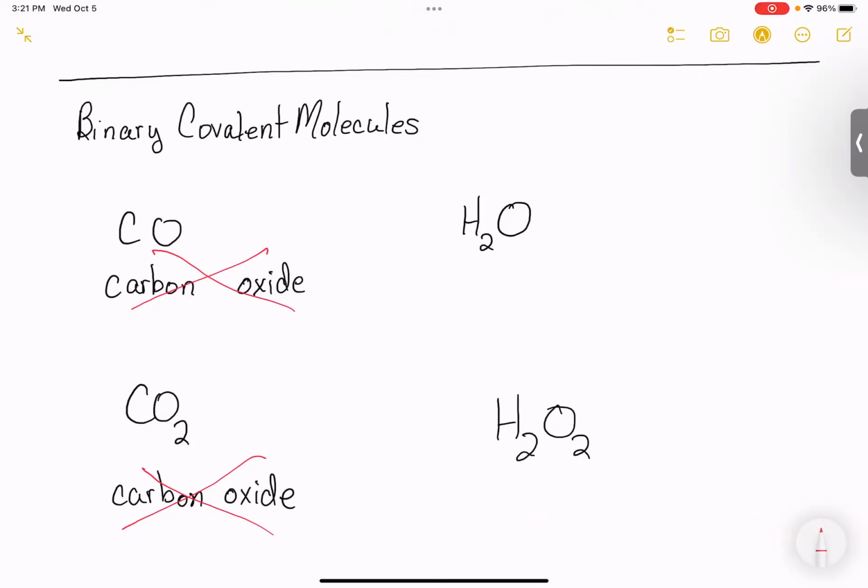This one suffocates you. This one replaces the oxygen in your system. There are differences. The length of time it takes are different. There are differences. So you cannot simply call covalent molecules by their first name, by the first element's name, followed by the second element's name ending in IDE.